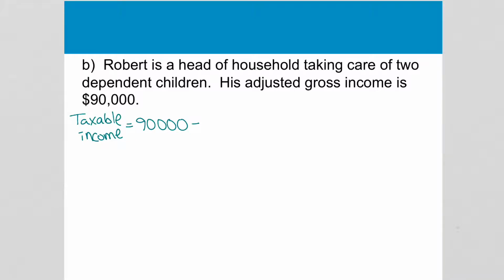So 3 times $4,050 because it's him and his 2 children, and $9,350. So his taxable income goes down to $68,500.